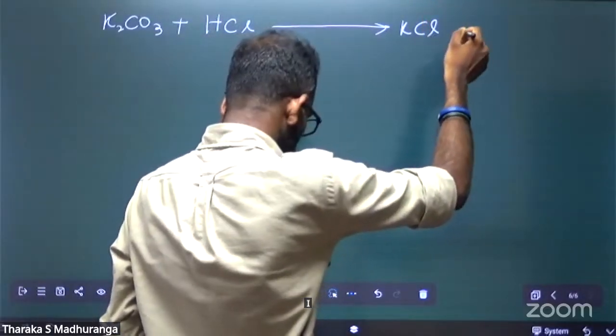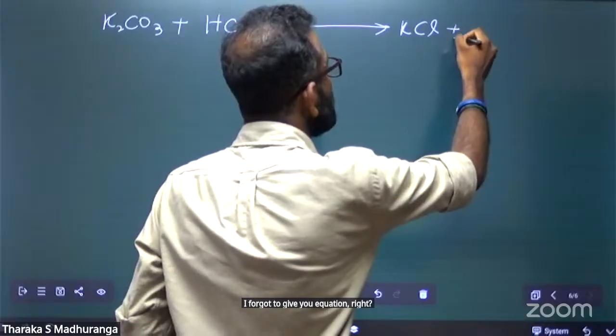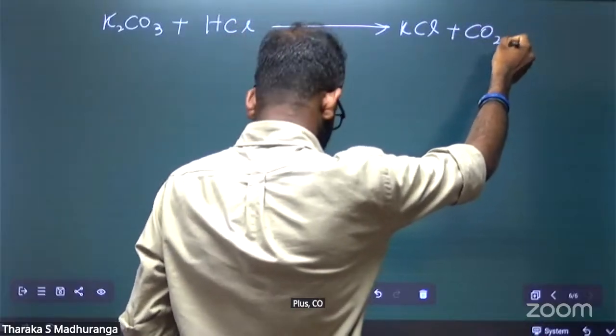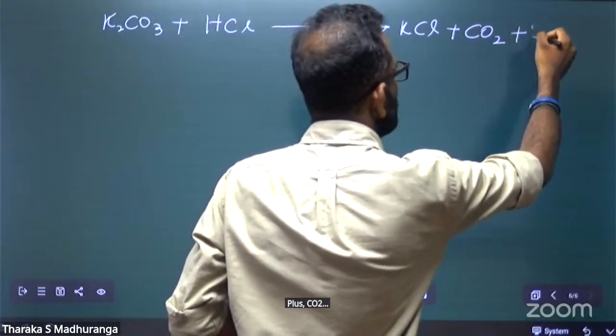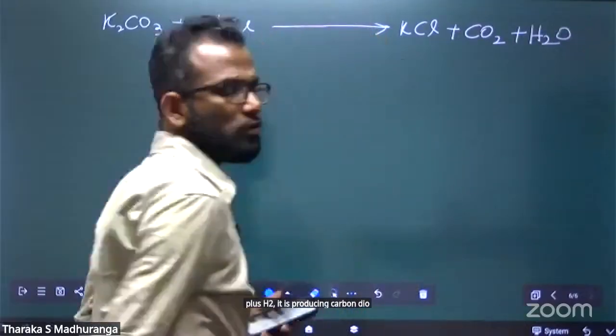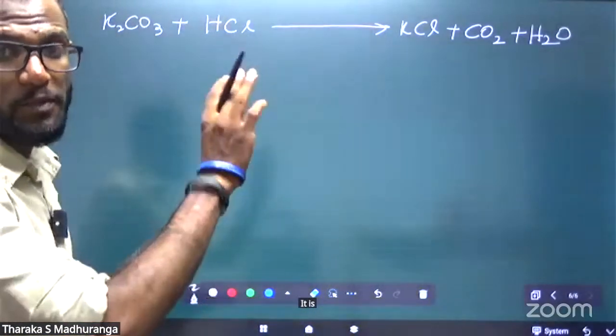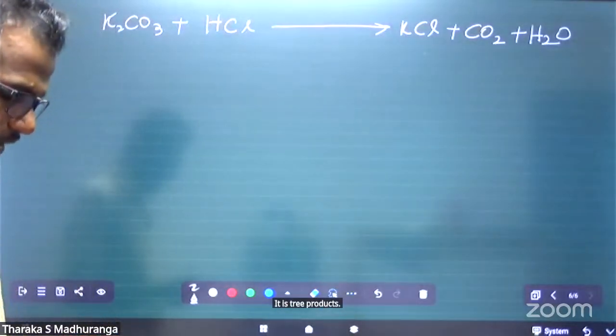I forgot to give you equation, right? Plus CO2 plus H2O. It is producing carbon dioxide and water both. It is three products.